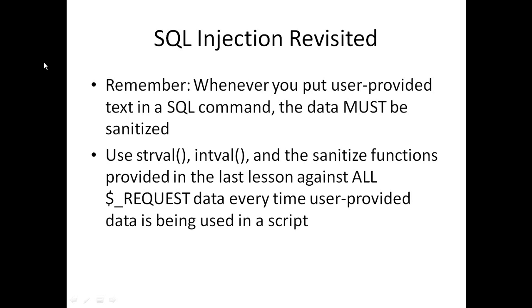So you could do where ID equals 0 or 1 equals 1, and then you'll get every row. That's just part of SQL injection. So you've got to make sure that you sanitize anything that comes from a user. We talked about that in the last lesson. It's just very important.